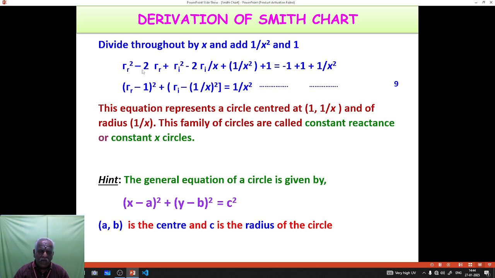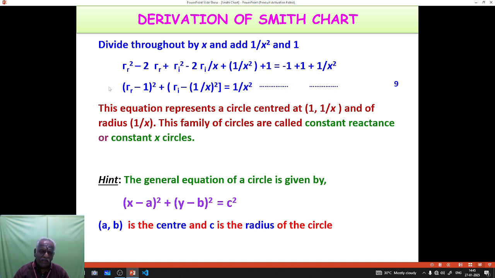Gamma r square minus 2 gamma r plus gamma I square minus 2 gamma I divided by x plus 1 by x square. We are adding 1 plus 1, which is equal to minus 1 on the left, and this minus 1 is brought to the right side, giving 1 plus 1 by x square.